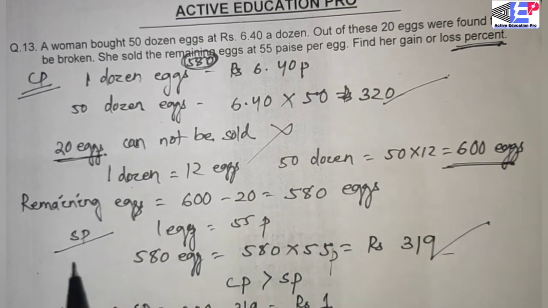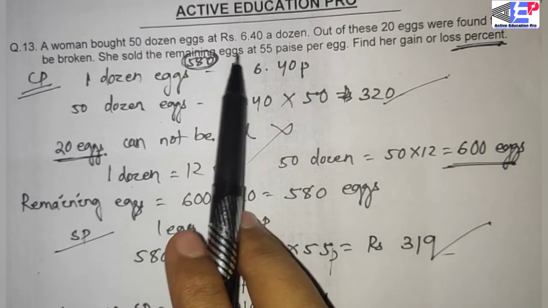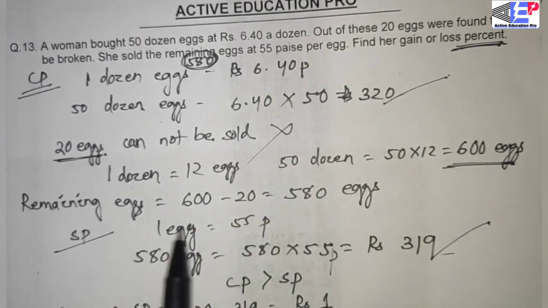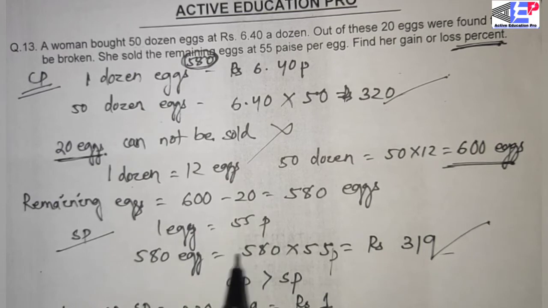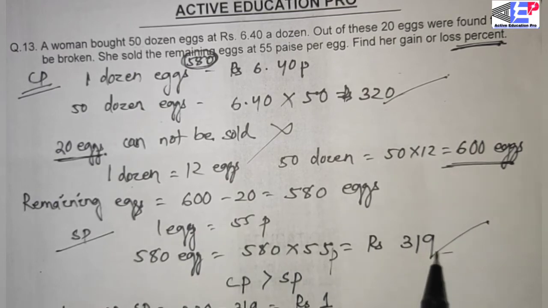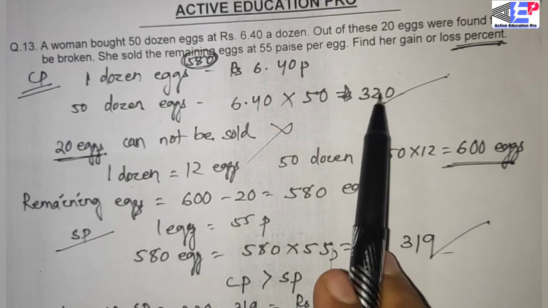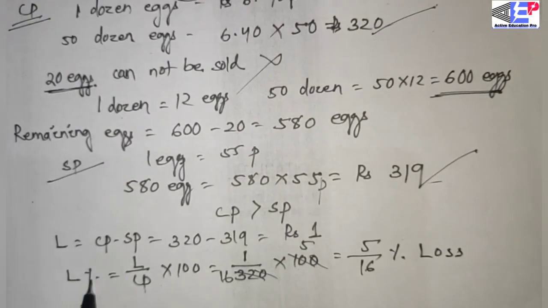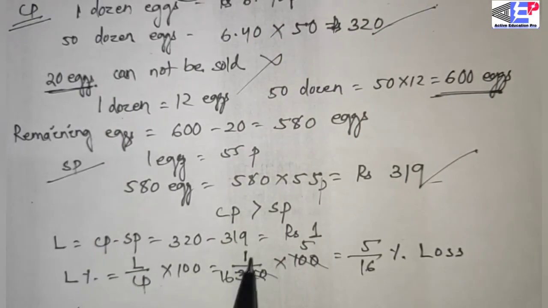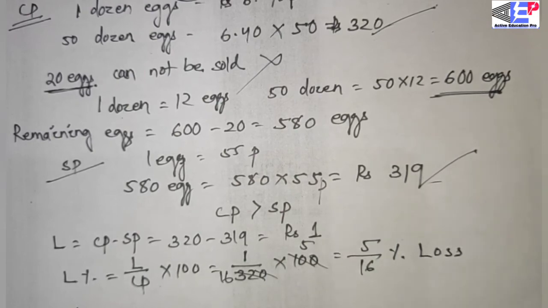The selling price of one egg is 55 paise, so for 580 eggs the selling price will be 319 rupees. Here CP is greater than SP, 320 is greater than 319, so there will be a loss. The loss amount is 1 rupee, and the loss percentage will be loss by CP into 100, which is 1 by 320 into 100. So there is a loss of 5 by 16 percent in this question after selling these eggs by this woman.